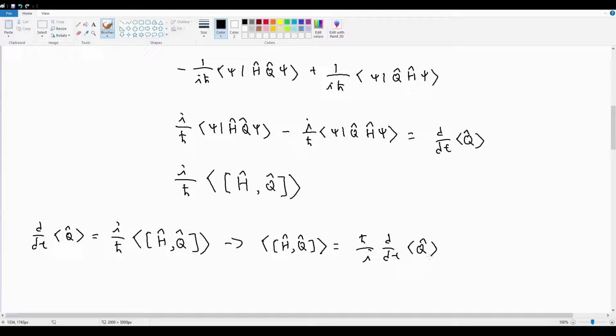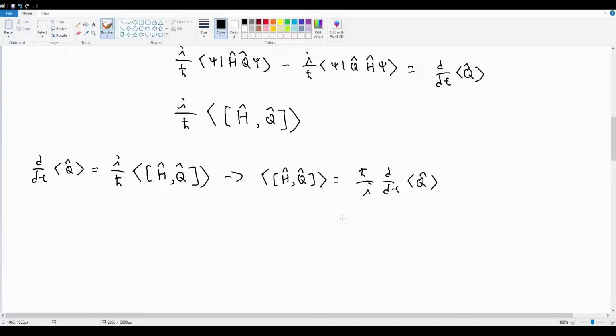And this we can actually plug into the generalized uncertainty principle. Because remember, we found way back in the previous section that sigma h squared times sigma q squared, from the perspective of our generalized uncertainty principle, is going to be greater than or equal to 1 over 2i times the expectation value of the commutator of h hat and q hat, the whole thing squared.